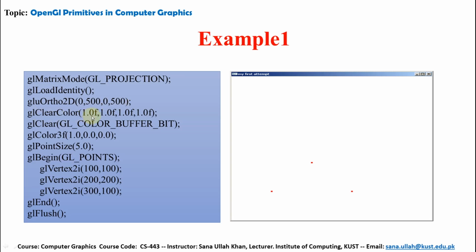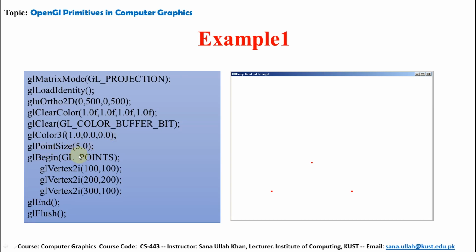glClearColor is the window color white, because each parameter, red, green and blue, is 0, and it is transparent also. So the resulting background color must be white. So glClear(GL_COLOR_BUFFER_BIT). After that, this is glColor3f 1.0, which means red color, green and blue are 0.